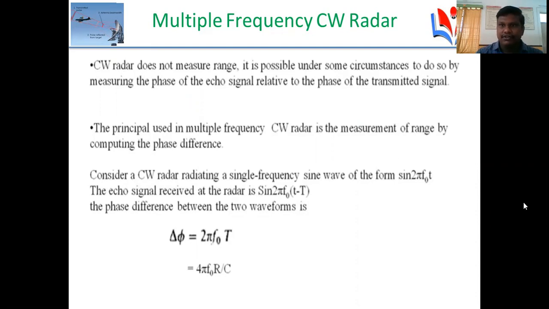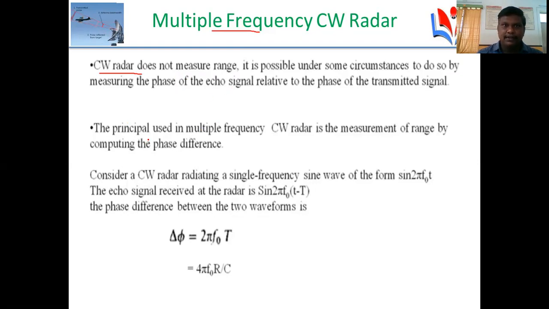We know this, because continuous wave radar is only able to measure the Doppler frequency, through which we can measure relative velocity. That limitation of CW radar we are going to overcome by taking the concept of multiple frequency.